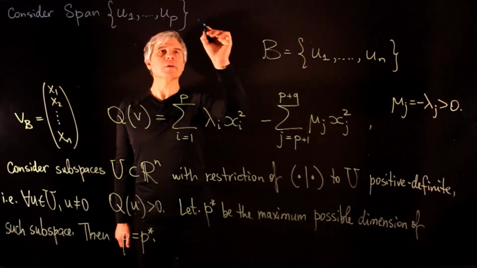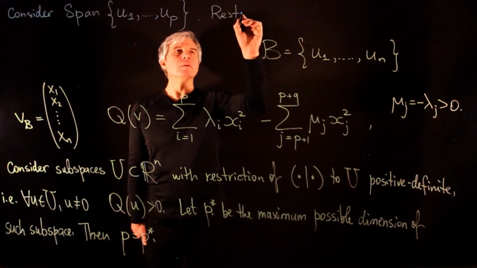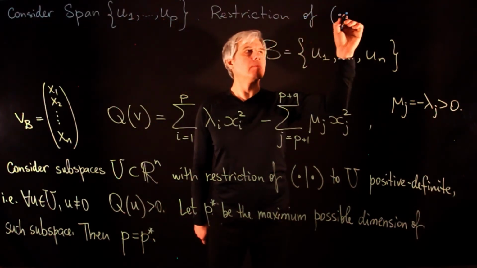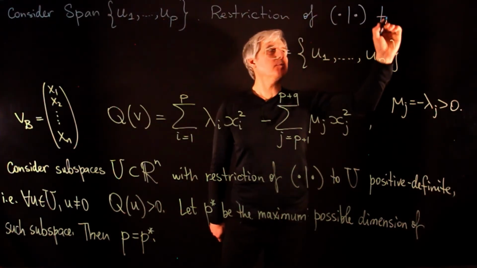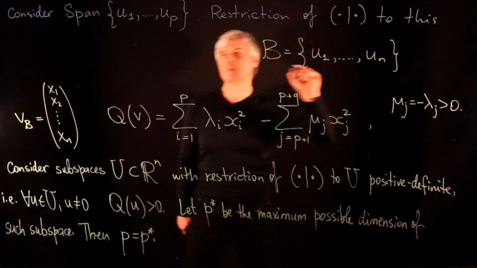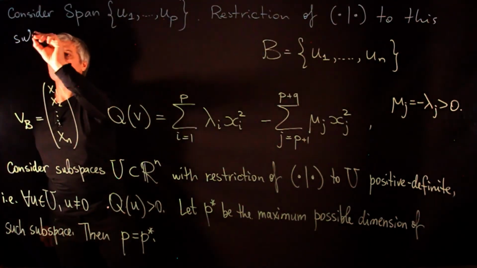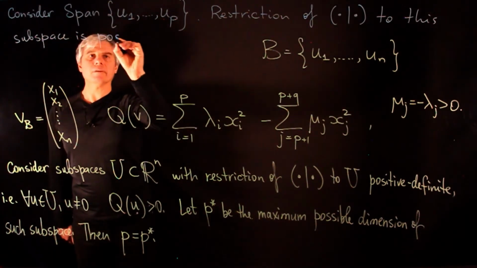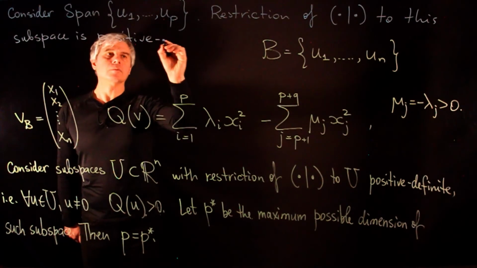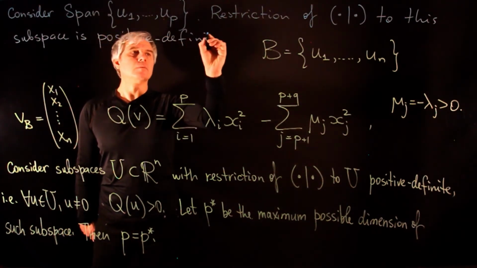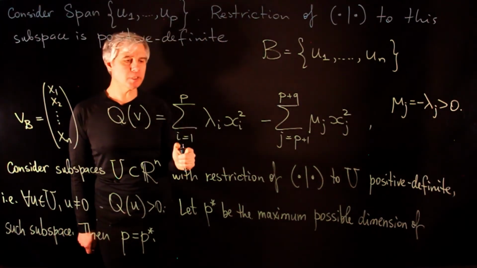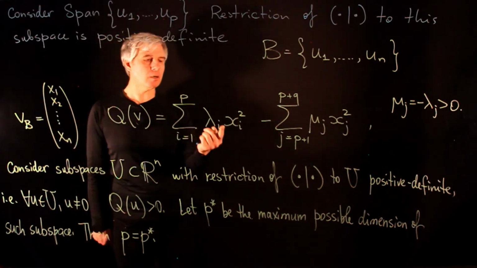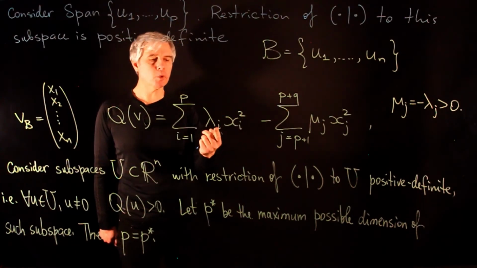We point out that the restriction of the bilinear form to this subspace is positive definite, because the corresponding quadratic form will be given just by the first sum, and here we have a sum of squares with positive coefficients.